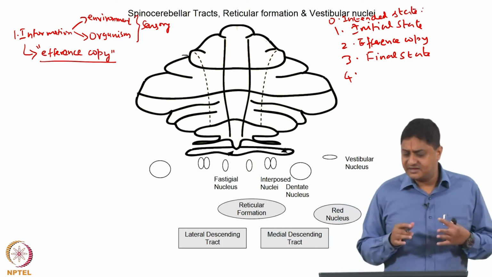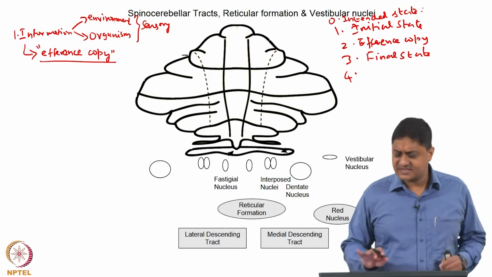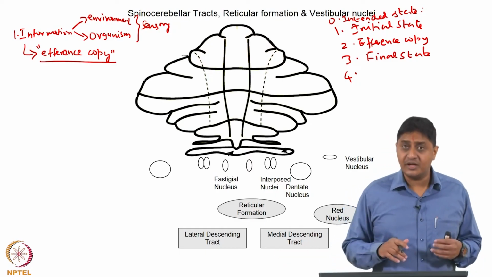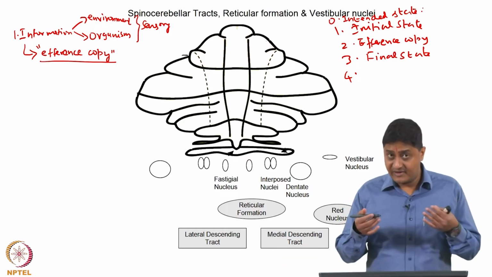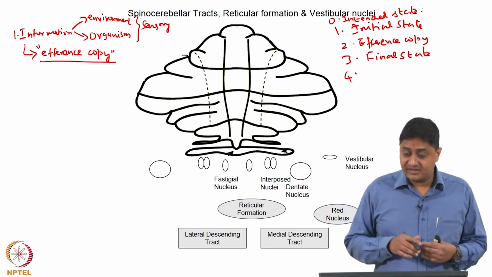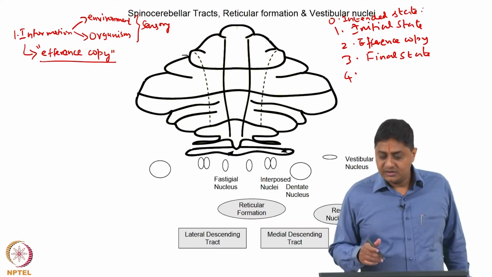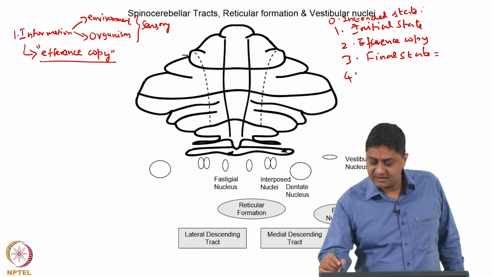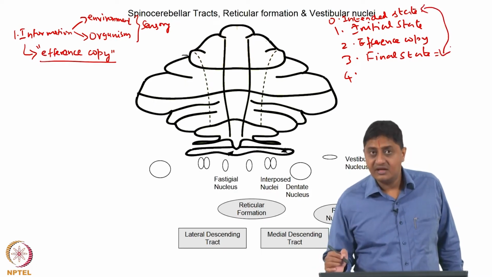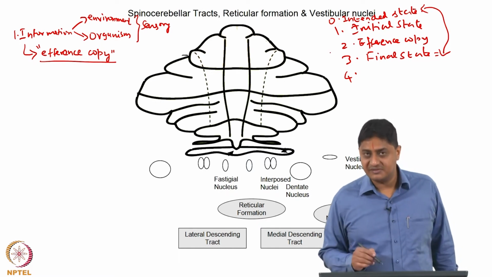Actually, the intended state is known through other pathways not discussed in this class, we will discuss in future classes. But so, I know what I want to do, I know where I am at this moment, I know what is the command that has been given, I also know what is the final state. The goal is to ensure that the final state is the same as the intended state. These two must be the same. If they are not the same, then there must be a correction that must be made, is it not?